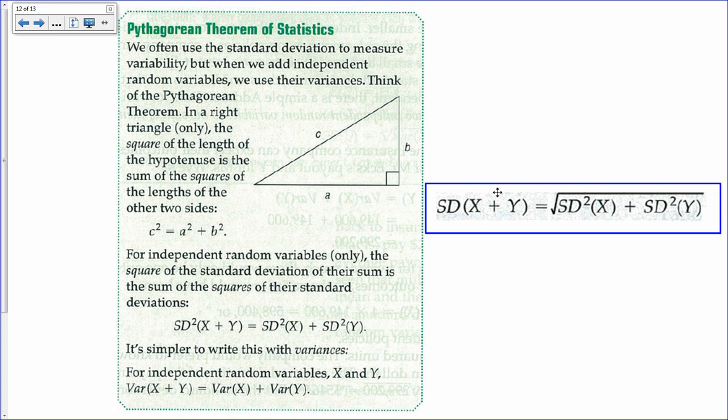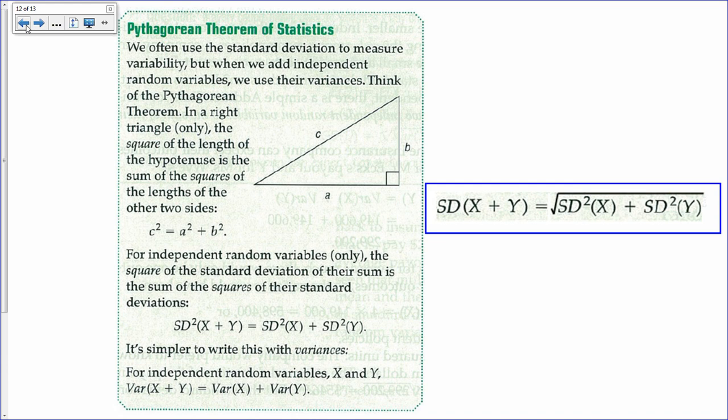So to find the standard deviation, you'll take the square root of the sum of the standard deviations squared. This reminds me very much of the Pythagorean theorem. And that really ends our discussion about discrete random variables: the center, which we call the expected value, the spread, how to shift and rescale them, and also how to deal with multiple variables, how they add or subtract.